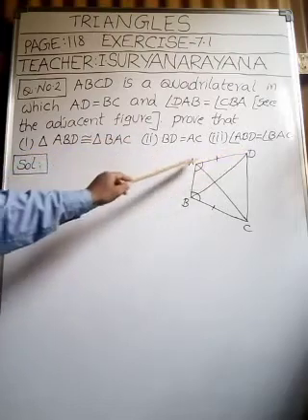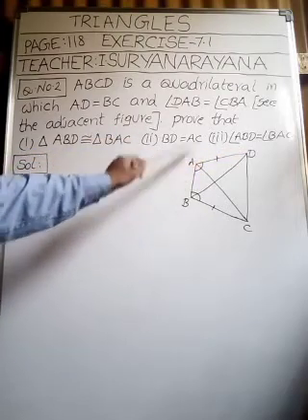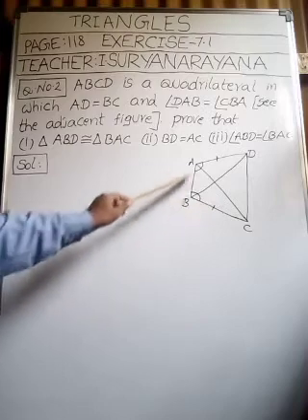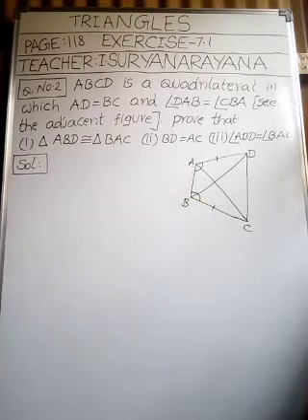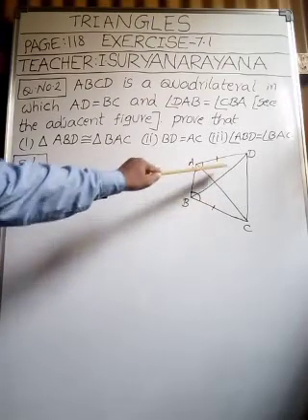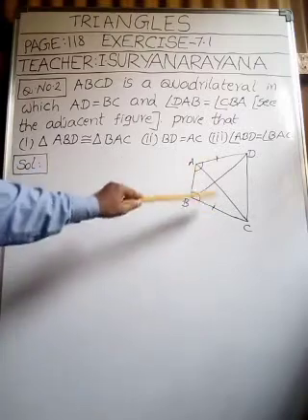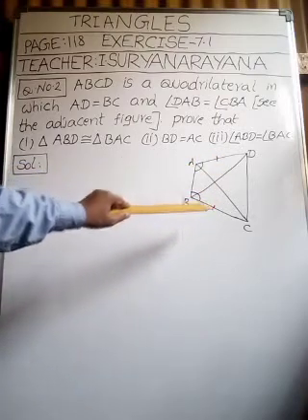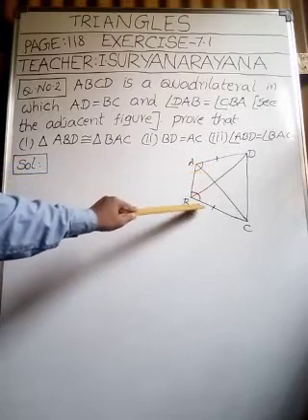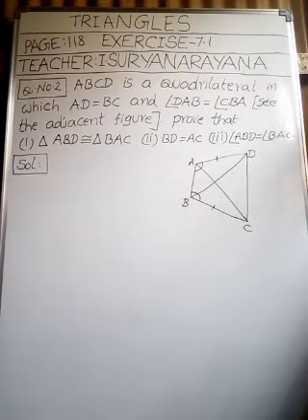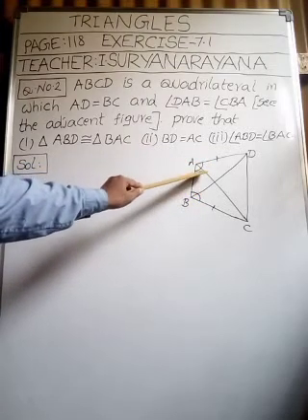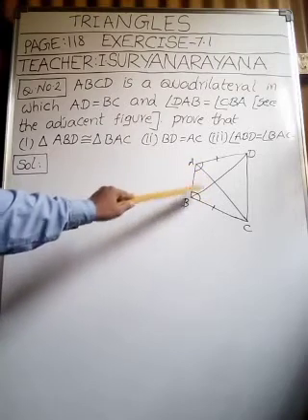Angle DAB, this angle, is equal to angle CBA. These two sides are marked by the same small line, so they are equal. This denotes their lengths are equal. Here also this angle is equal to this angle. We marked them by the same arc.